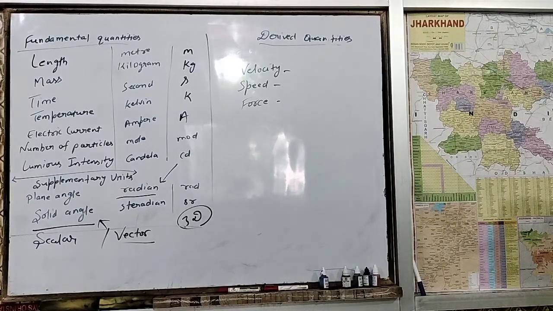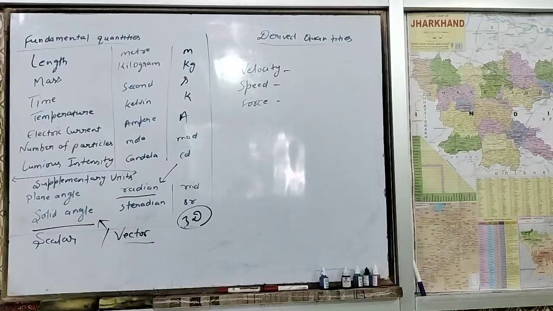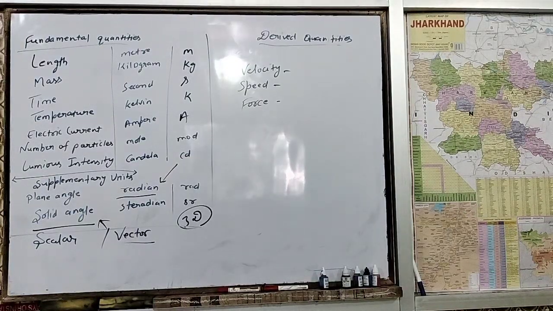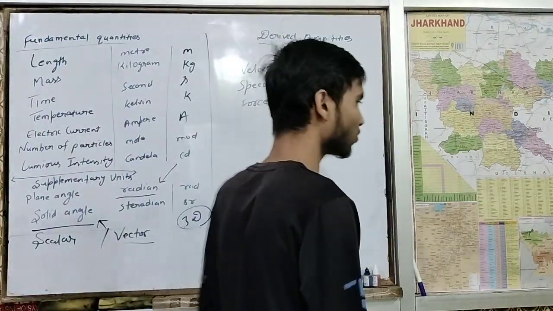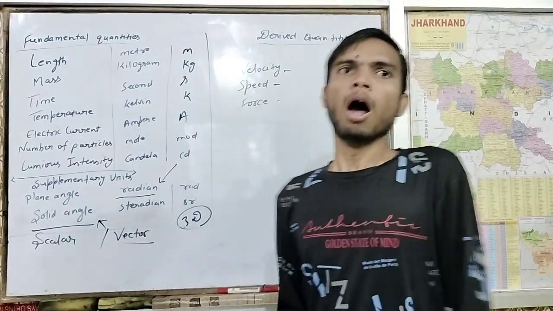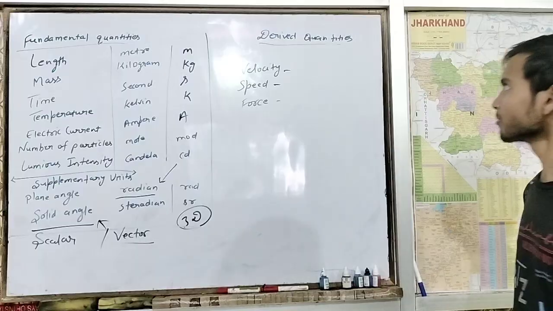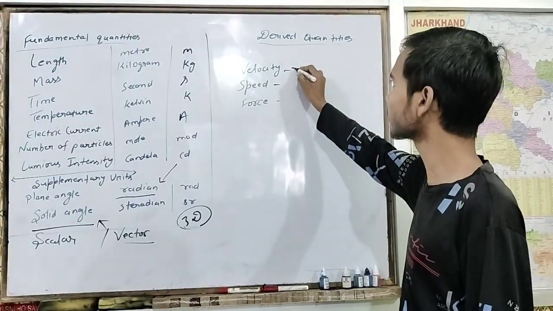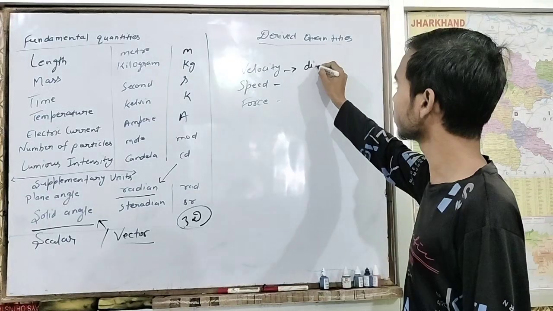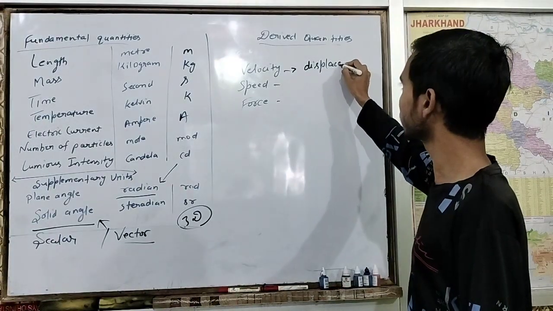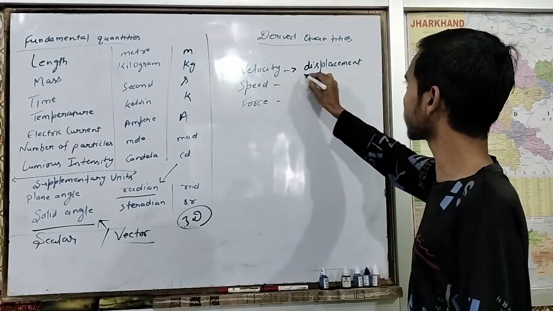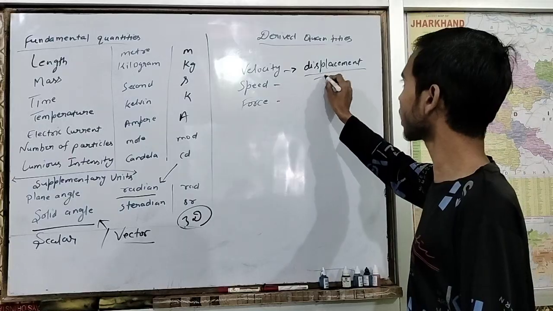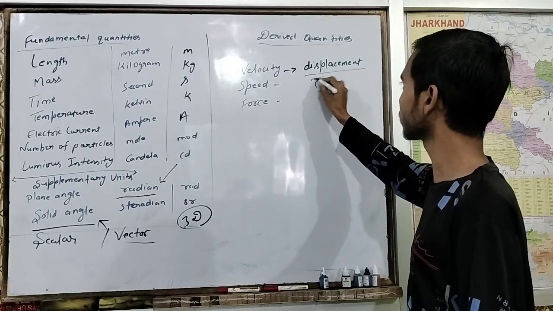Speed and velocity. Tell me, what is the formula of velocity? All of you know the formula of velocity and speed. For both it is the same. Velocity is nothing but displacement upon time.